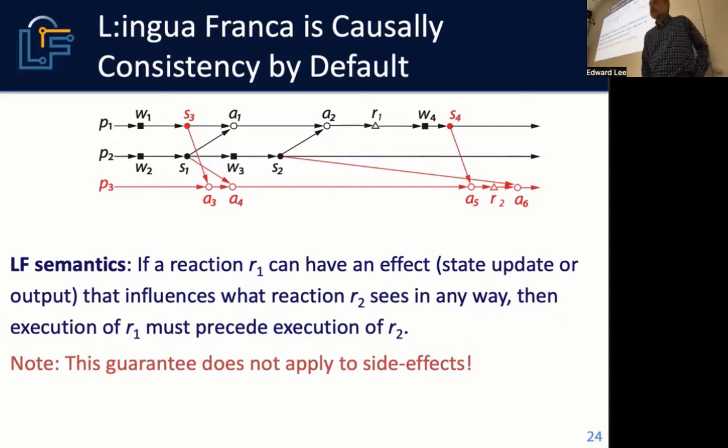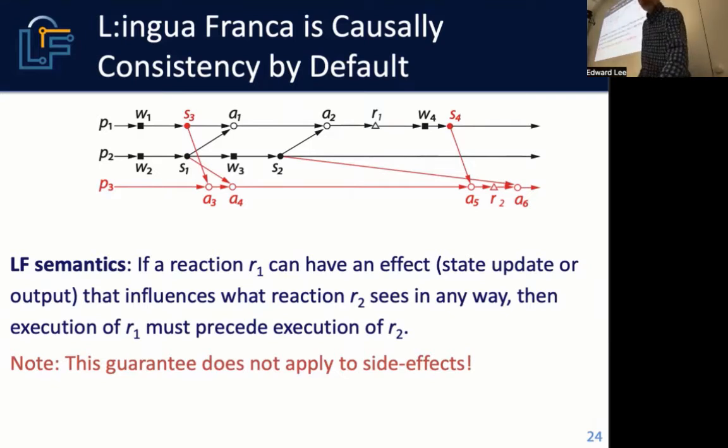Notice that this guarantee, however, does not apply to side effects in the physical world. If you have a reaction that drives an actuator, and another reaction that drives an actuator, and these two things interact in the physical world, there may be no causal relation between the reactions in Lingua Franca, in which case you could violate causal consistency through the physical world.